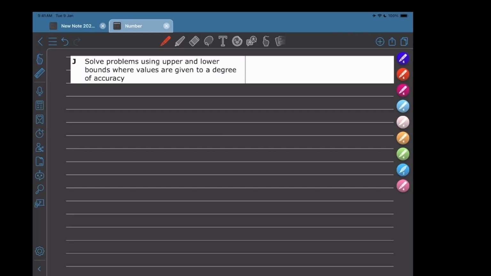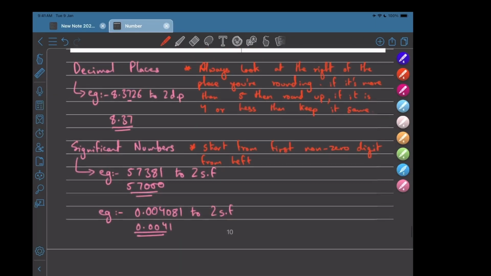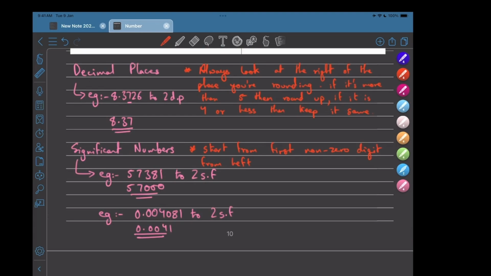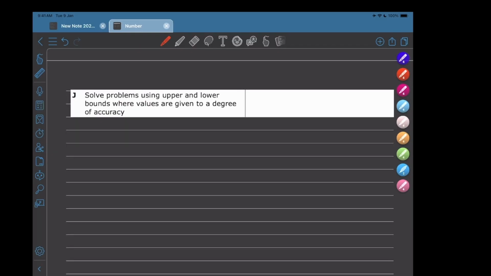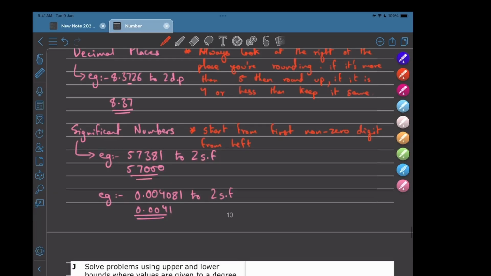Degree of accuracy is what we studied in the last specification, which is decimal places and significant numbers. Now we are going to start studying upper and lower bounds. Why do we study upper and lower bounds?